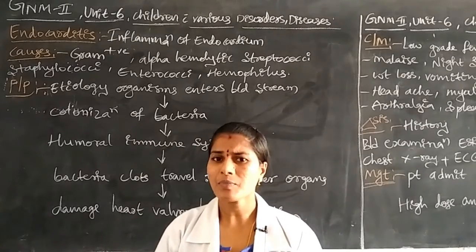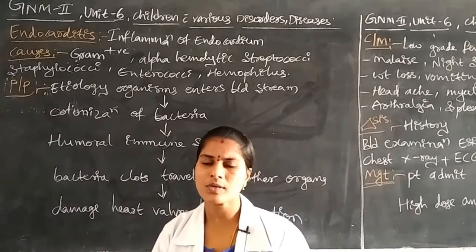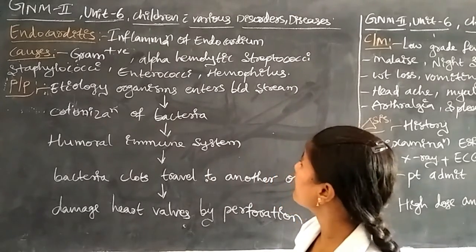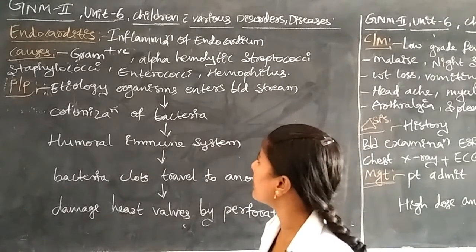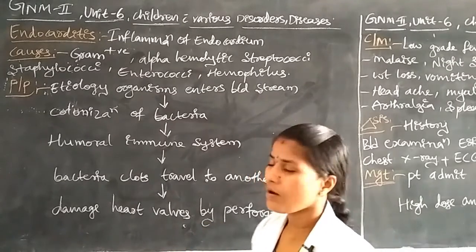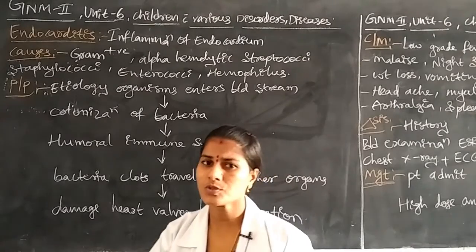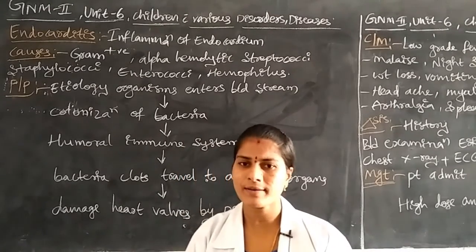What are the gram-positive bacteria? Staphylococcus, streptococci, alpha hemolytic streptococci, enterococci, or haemophilus. These organisms belong to the gram-positive organisms.